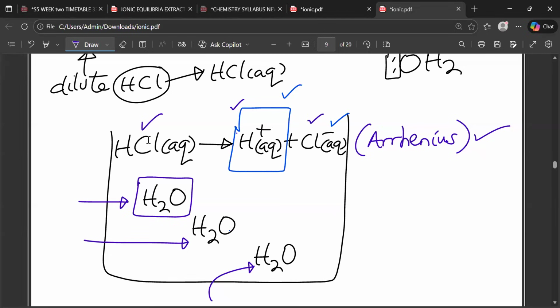Yes, let me hear from Engineer Josh. Water can attract the hydrogen ions because water has oxygen with lone pairs, and those lone pairs have electrons that are negatively charged, so they can attract the positive hydrogen ion.